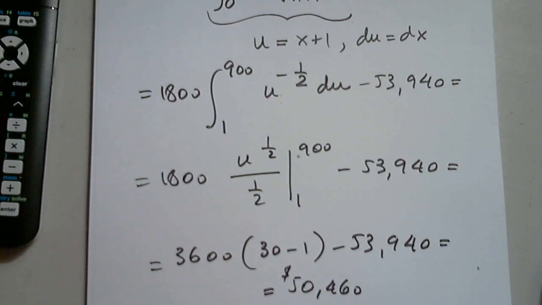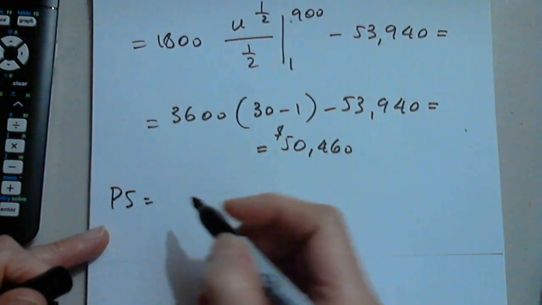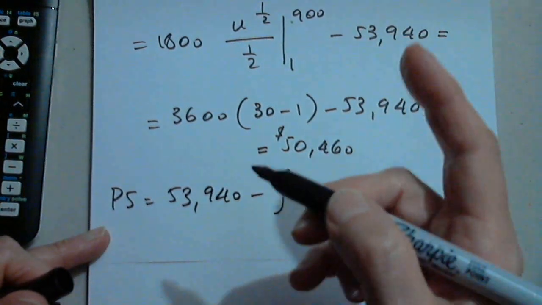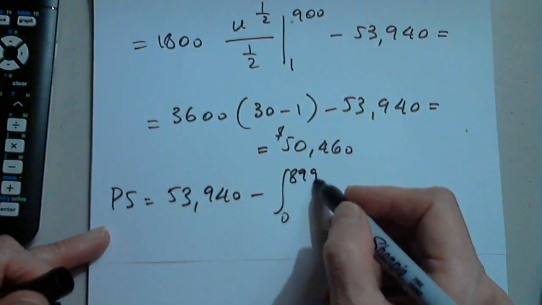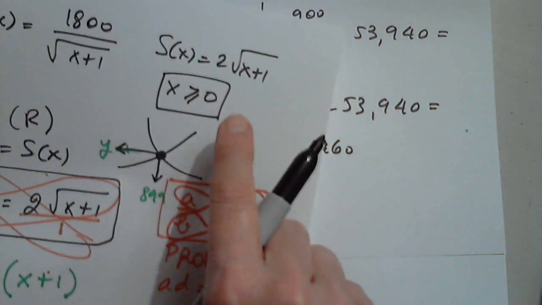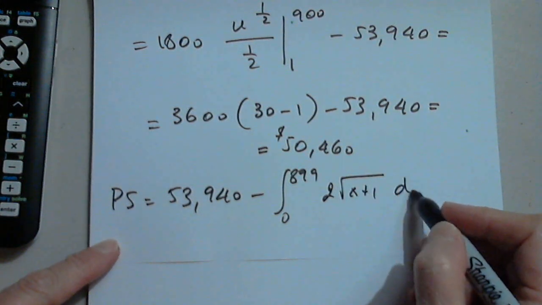Okay, fine. So now the producer surplus is this number, 53,940, minus the integral from 0 to 899, the same thing, but 2 times the square root of x plus 1 dx.